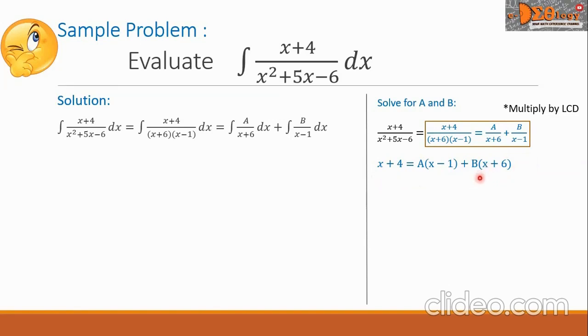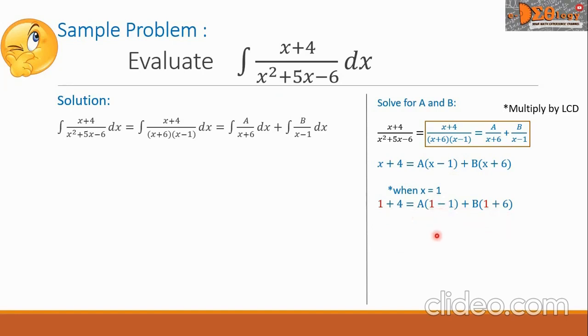Now, if we want to solve for B, we want the coefficient of A to be equal to 0. In that case, let us set x equals positive 1. It means we will have 1 plus 4 equals A times 1 minus 1 plus B times 1 plus 6.